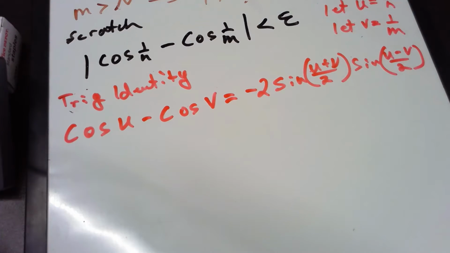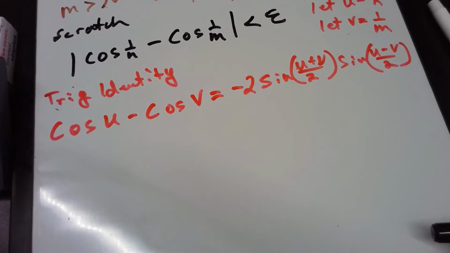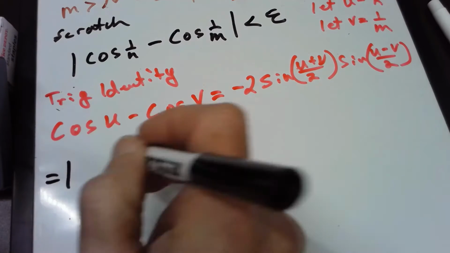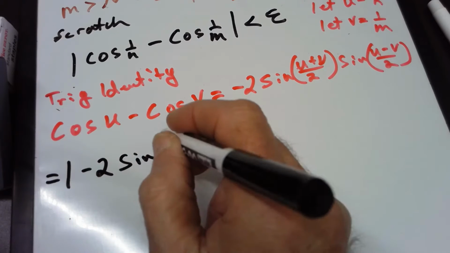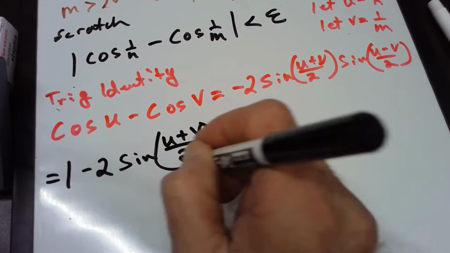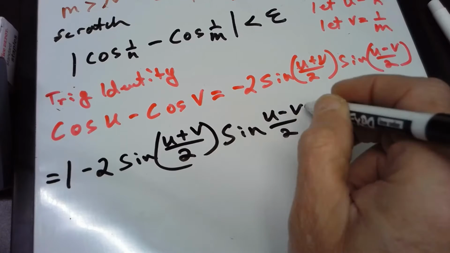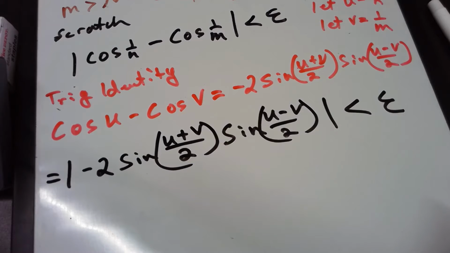So this will be the absolute value. All this is equal to the absolute value of negative 2 sine of (u plus v) over 2 times sine of (u minus v) over 2, close that absolute value, and that's all less than epsilon.